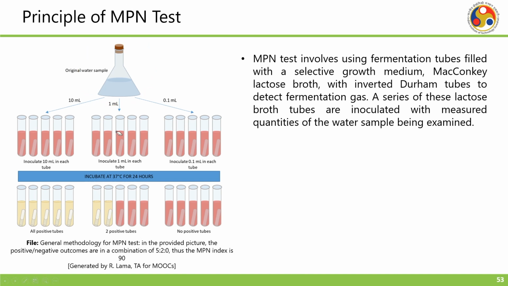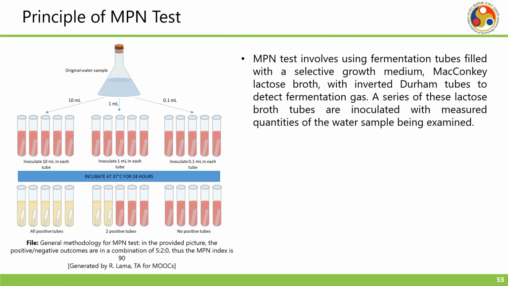So, here we are taking 10 ml, then here we are taking 1 ml, and here we are taking 0.1 ml. So, we will inoculate 10 ml in each of these tubes, and then 1 ml in each of these tubes, and then 0.1 ml in each of these tubes, and incubate at 37 degrees centigrade for 24 hours.